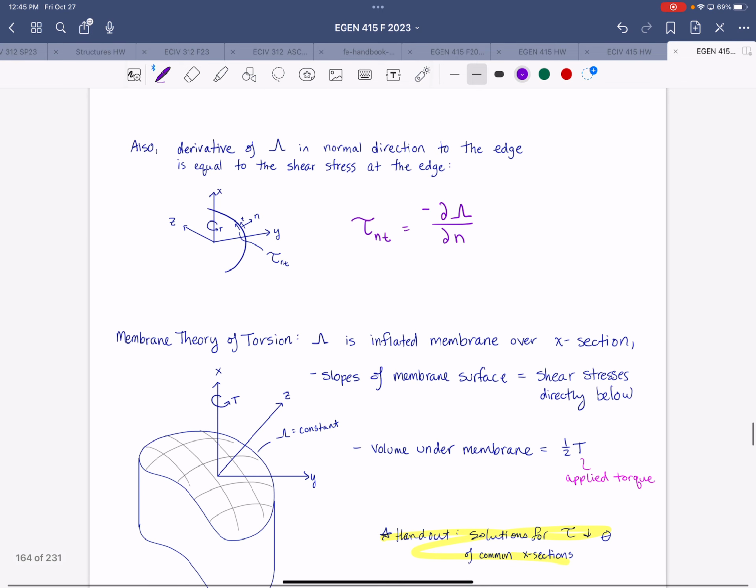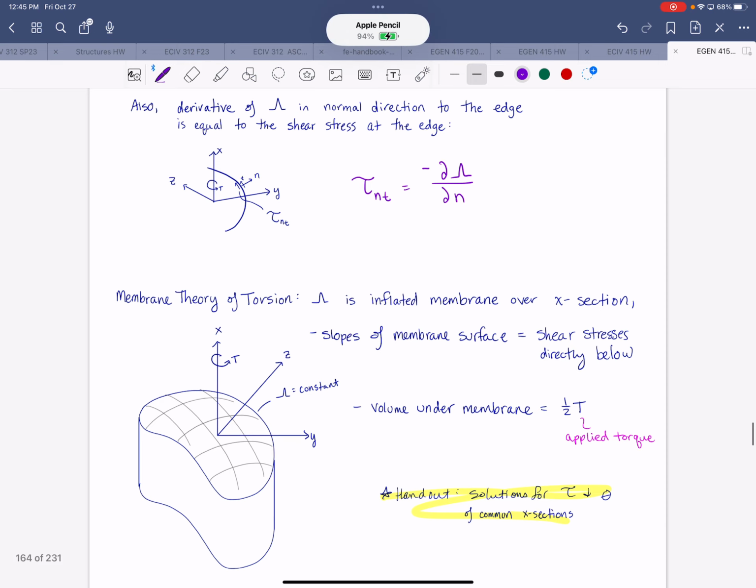So this is all leading to the membrane theory of torsion. Basically, lambda represents an inflated membrane that is applied over the cross-section face. So if you just imagine an inflated sheet or balloon or whatever, soap bubble, acting on top of this surface.